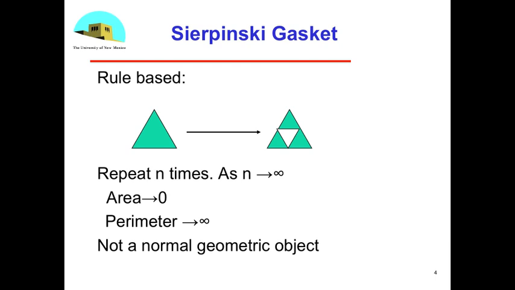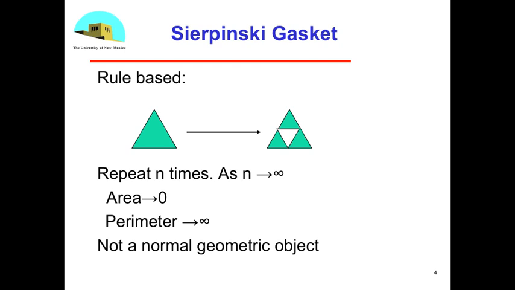On the other hand, if we add up the total perimeter, each time we subdivide, each triangle becomes 3 triangles, and the perimeter of those 3 triangles is greater than the perimeter of the original triangle. So every time you subdivide, you get more and more perimeter or edges, and as you go towards an infinite number of subdivisions, you get a perimeter that's going to infinity, while at the same time the area is going to 0. Now that is not a standard geometric object.